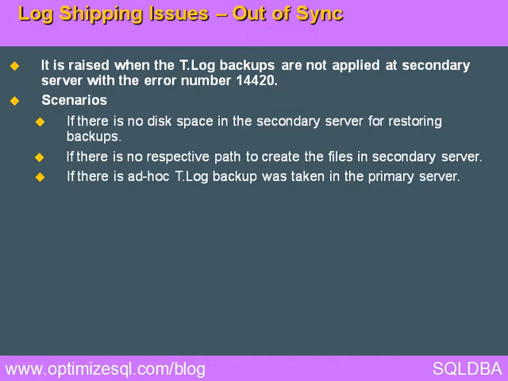Why? Because this file's details are not recorded in MSDB. Because this file was not generated by our backup job. This file was generated manually by some other job. If you manually take the backup in the same path, then the copy job will not get triggered. The copy job doesn't know that file. The copy job knows the last backup file which is generated by the backup job only, not a manual job.